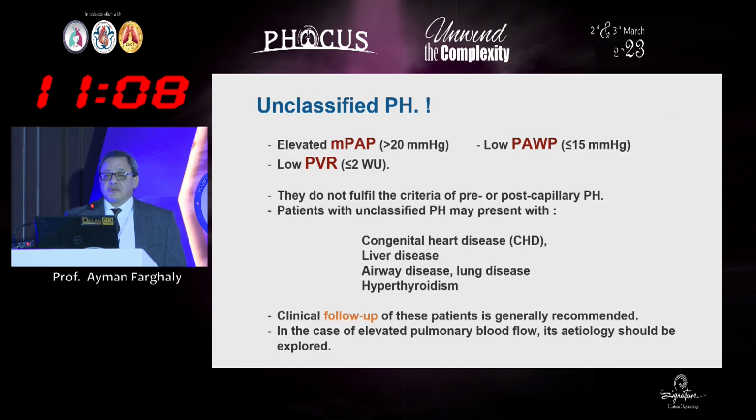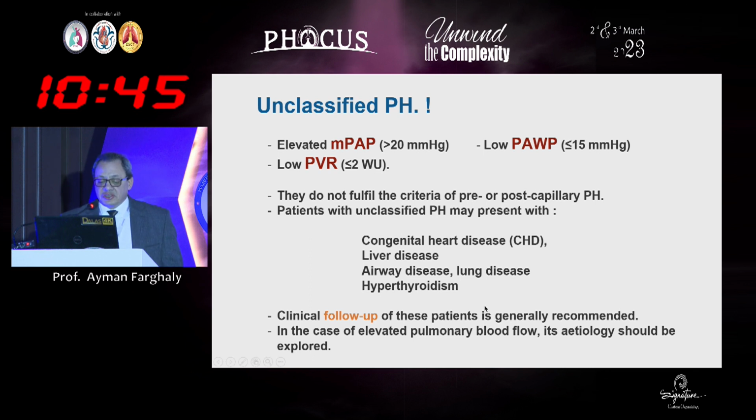This is a situation when we have a pre-capillary situation. However, the mean pulmonary artery pressure is elevated but the vascular resistance is normal. These patients are having a huge flow. They have high flow, which is not associated with increased resistance. We need to focus on them and follow them up.